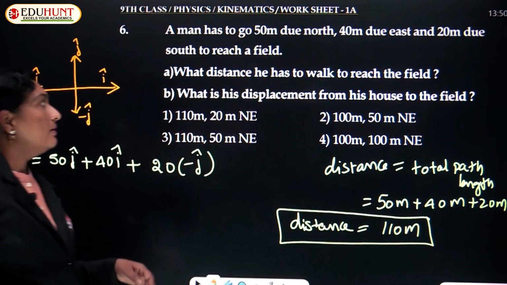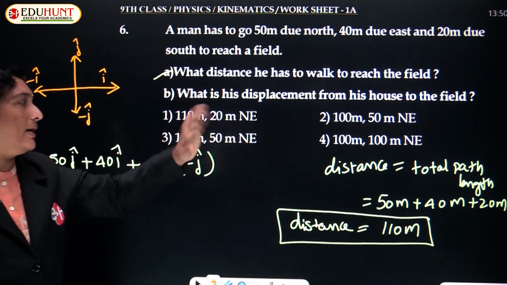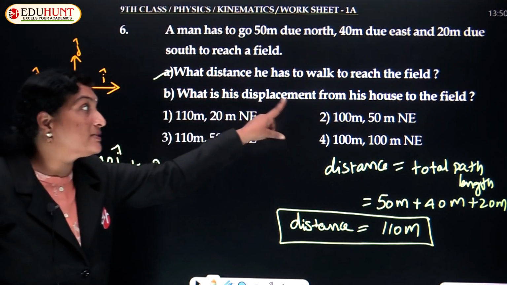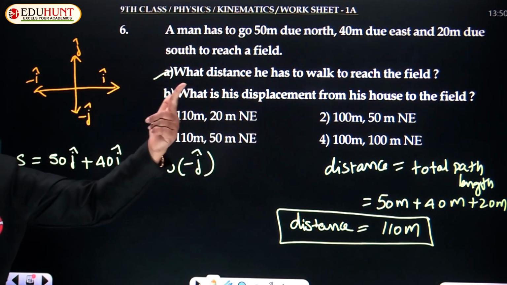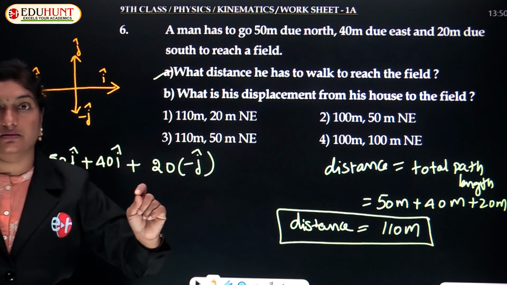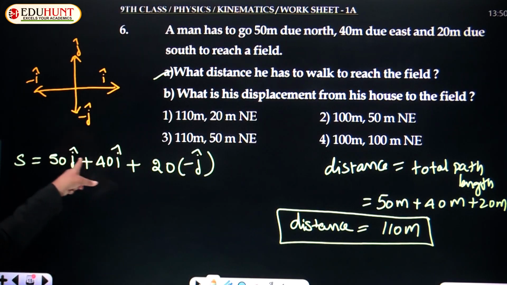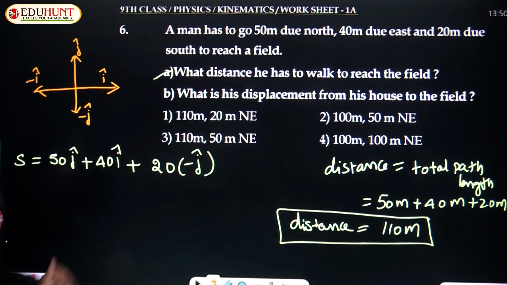Now, the first option is done, 110 meters. You are asked to find out the displacement from his house to the field. So, displacement matters. It depends on direction. Hence, directions are given by j cap, i cap and minus j cap.